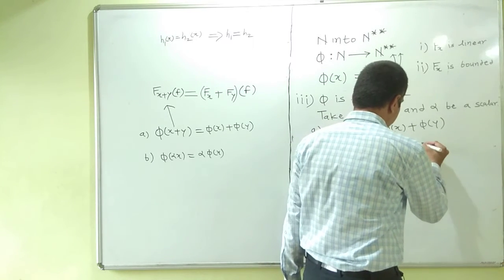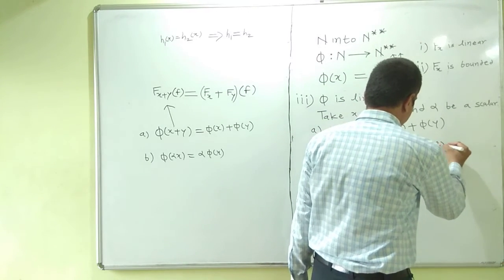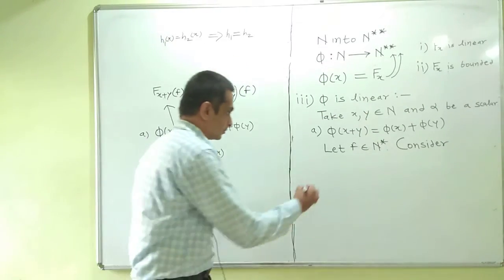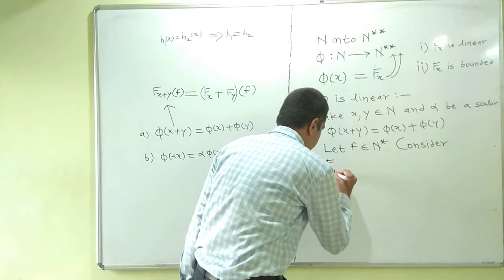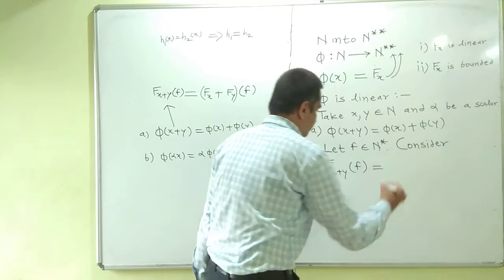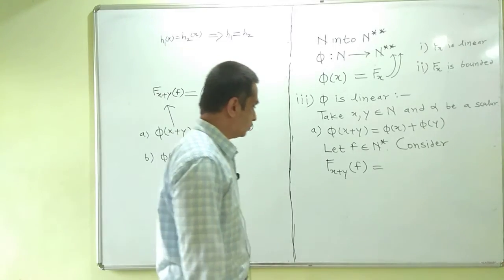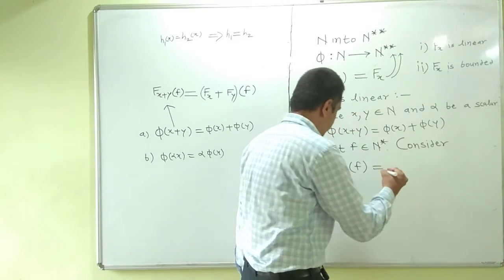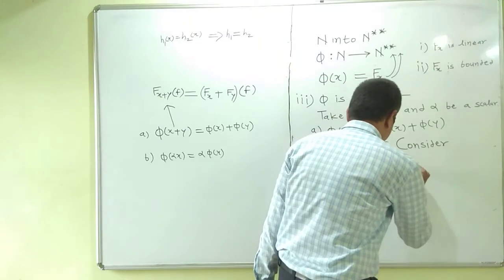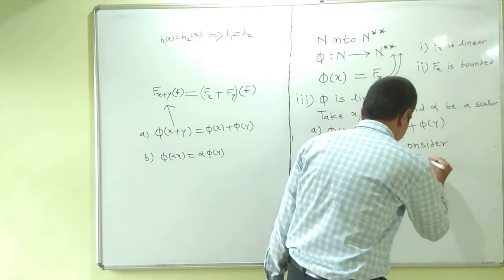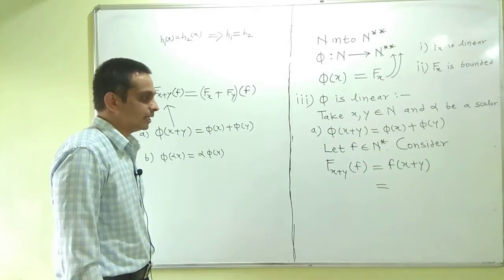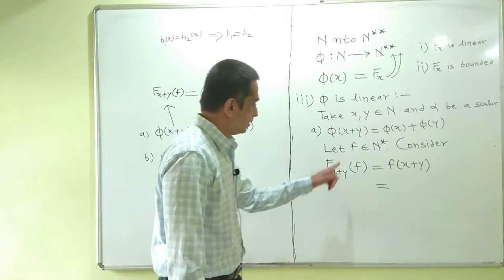Consider Fx plus Fy applied to f. By definition of addition, we can write this as f of x plus y. This I can write, by using linearity of f, as fx plus fy. Why is f linear?